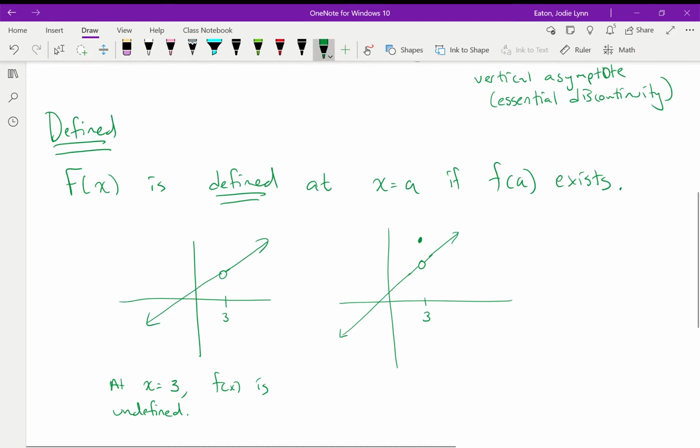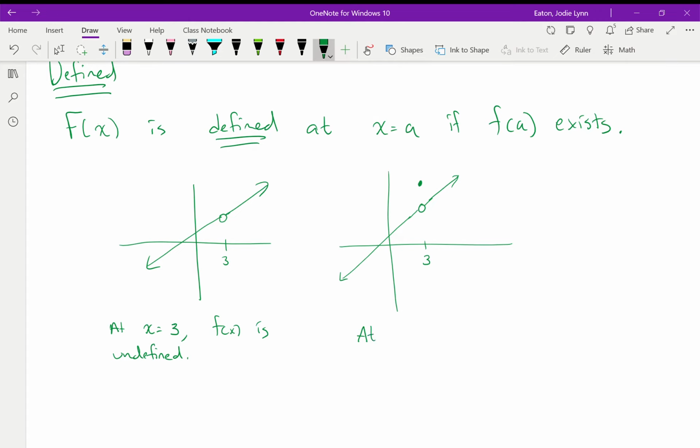Here at x equals 3, f of x is discontinuous, but it is defined. If there is a value at a point, then it's defined at that point. It doesn't have to be continuous at the point, but it does have to be defined. So the f of x on the right is defined everywhere. The function on the left is defined everywhere except for x equals 3.